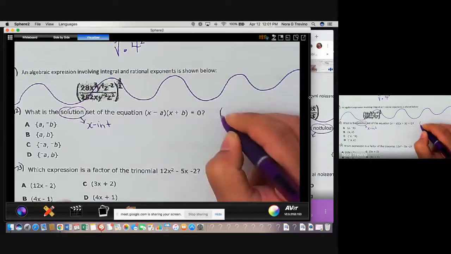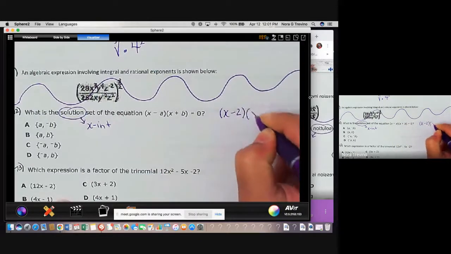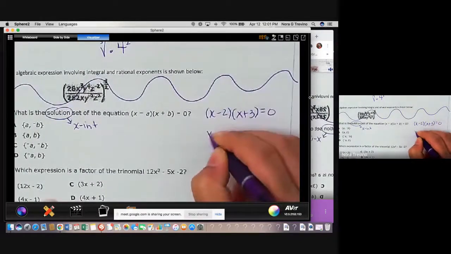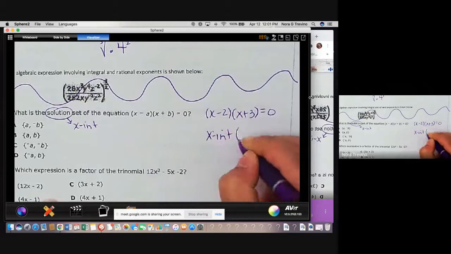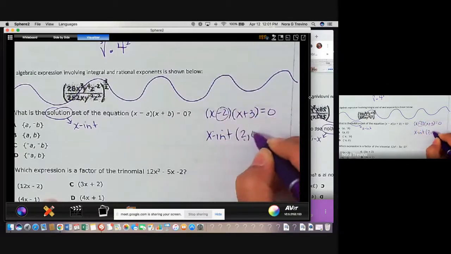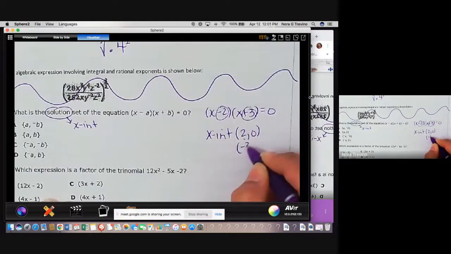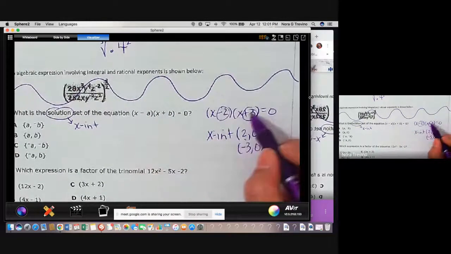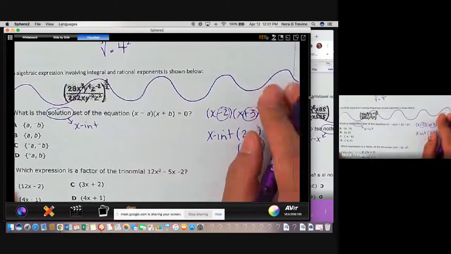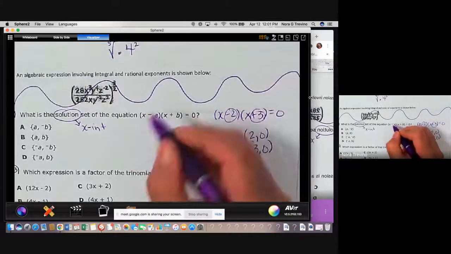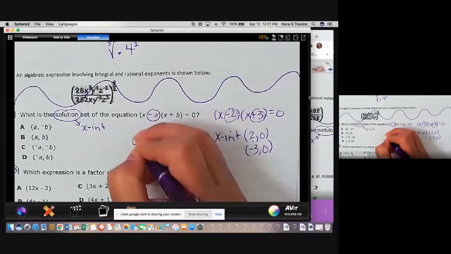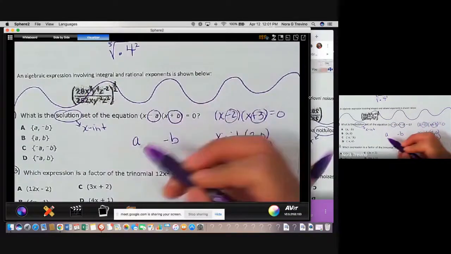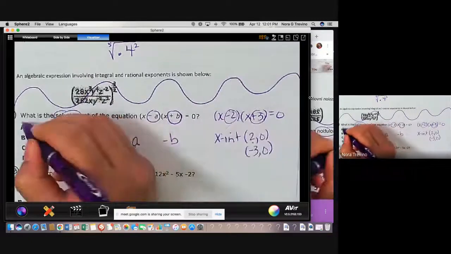So for example, if I would give you real numbers like this, then I would tell you that the solutions, AKA the x-intercepts, are going to be opposite of that one, 2, 0, and opposite of this one, negative 3, 0. Okay. Here, instead of giving them numbers, let's give them more letters to make it look more confusing. You're still doing the same thing. You're going to take the opposite of a negative A. That's a positive A. The opposite of a B is a negative B. So where do you see a positive A and a negative B? Letter A.